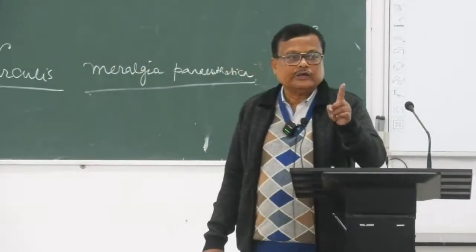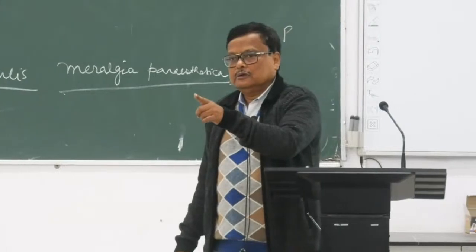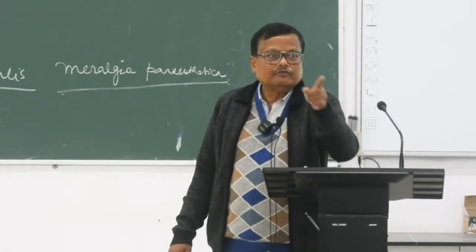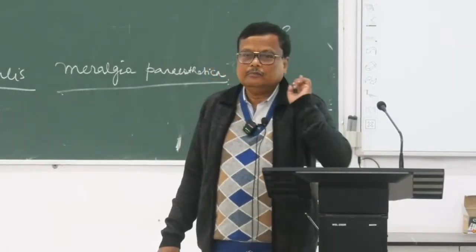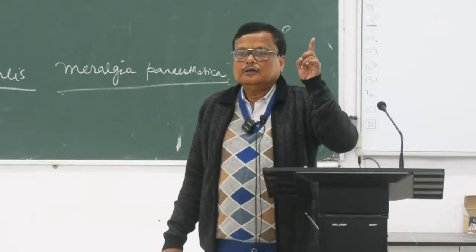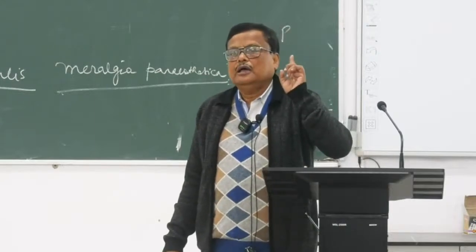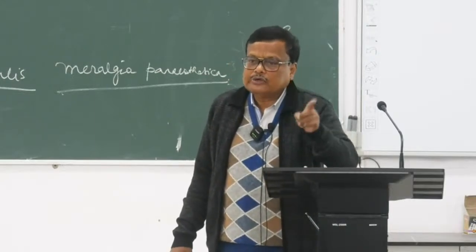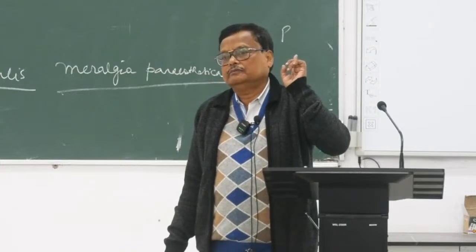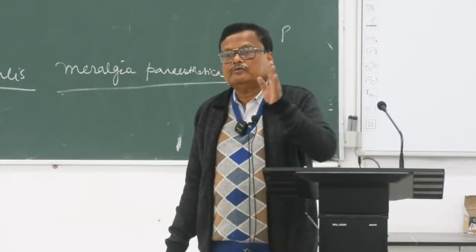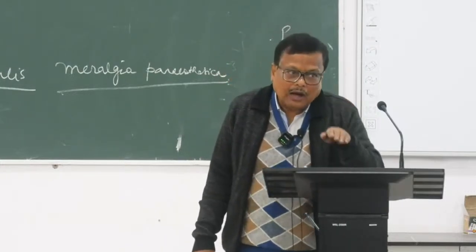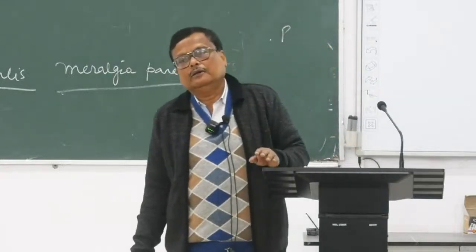The femoral nerve is not a content of the femoral sheath. The femoral artery and femoral vein, as I told you in detail the other day, are contents of the femoral sheath, but the femoral nerve is outside the femoral sheath, though it passes under the inguinal ligament.